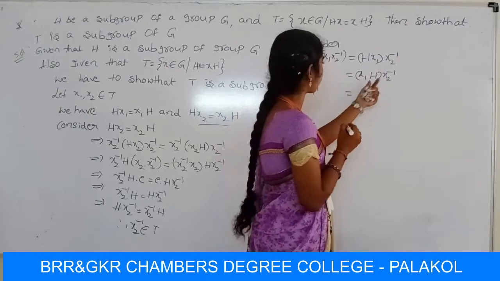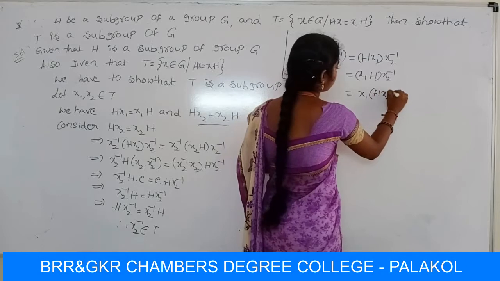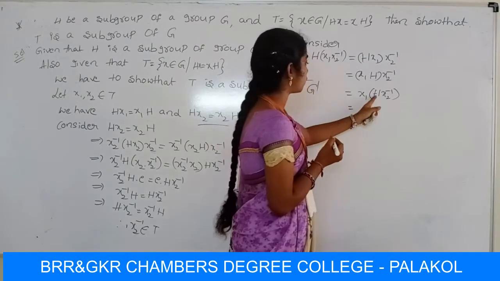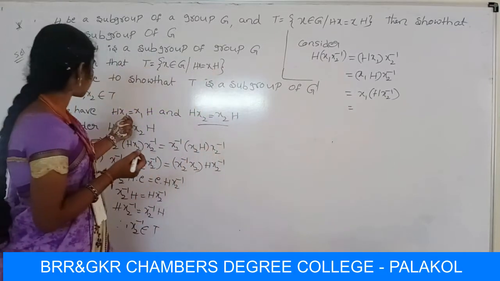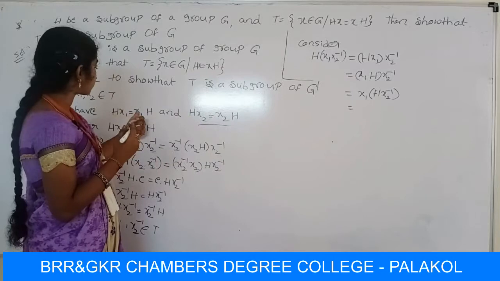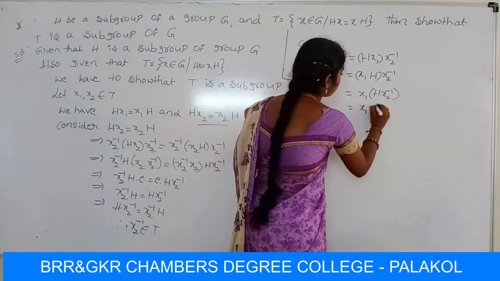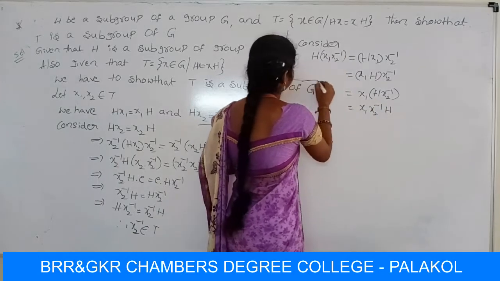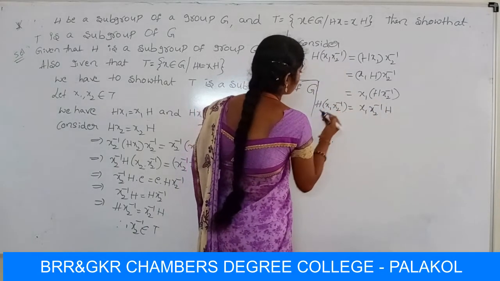So changing the brackets, x1 into h x2 inverse. So already you know that h x1 can be written as x1 h, h x2 inverse can be written as x2 inverse h. So x1 into x2 inverse into h. So h into x1 into x2 inverse.